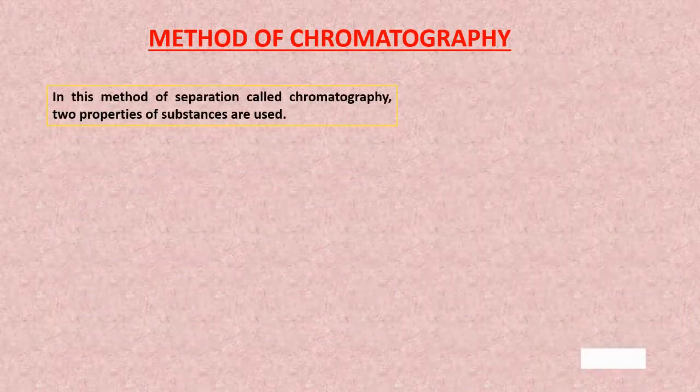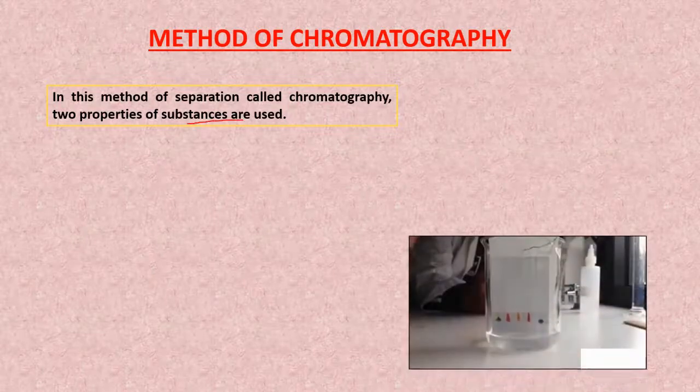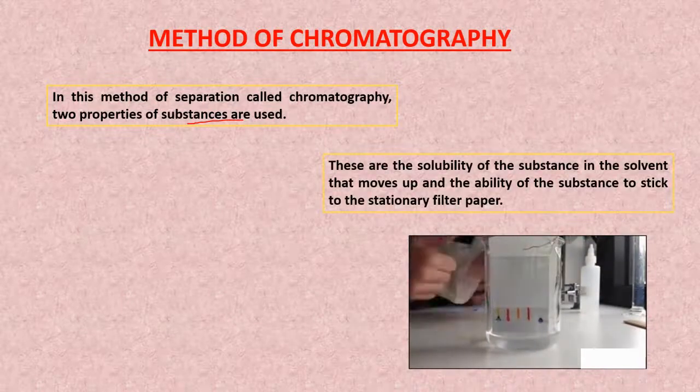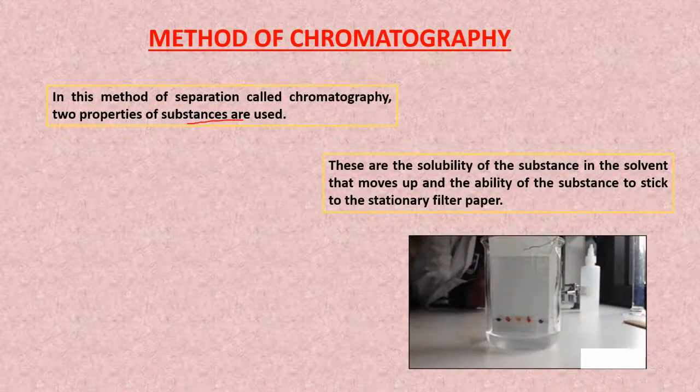In this method of chromatography, two properties of substances are used. Which two properties are used? These are the solubility of the substance in the solvent that moves up, and the ability of the substance to stick to the stationary filter paper.